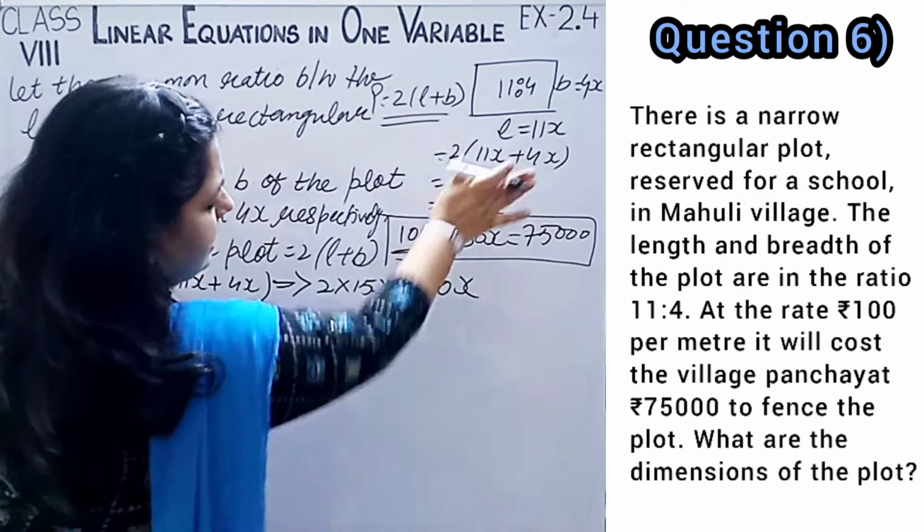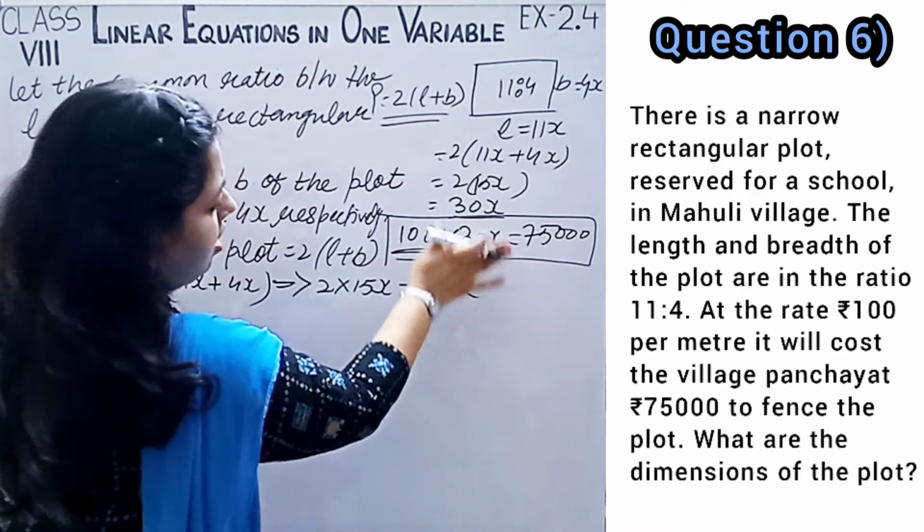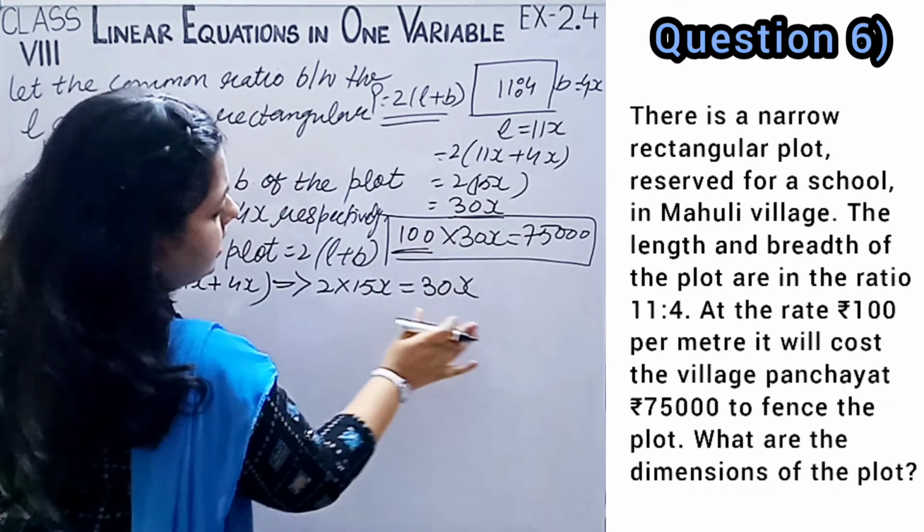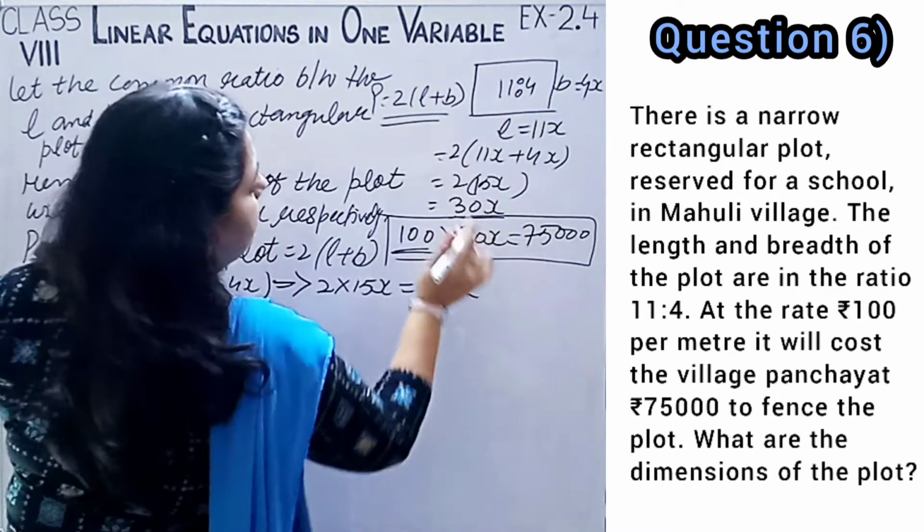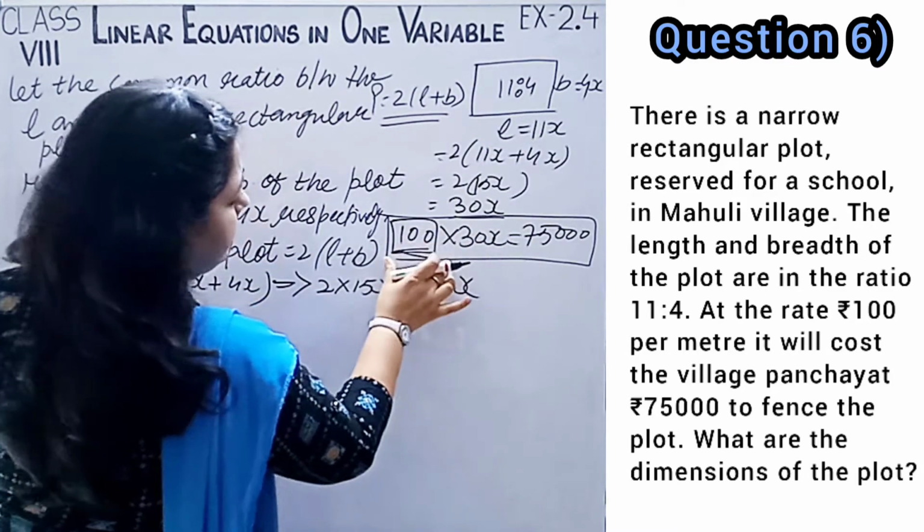So it is given that the cost of fencing the plot at the rate of 100 rupees per meter is 75,000 rupees. This 100 we have already done.